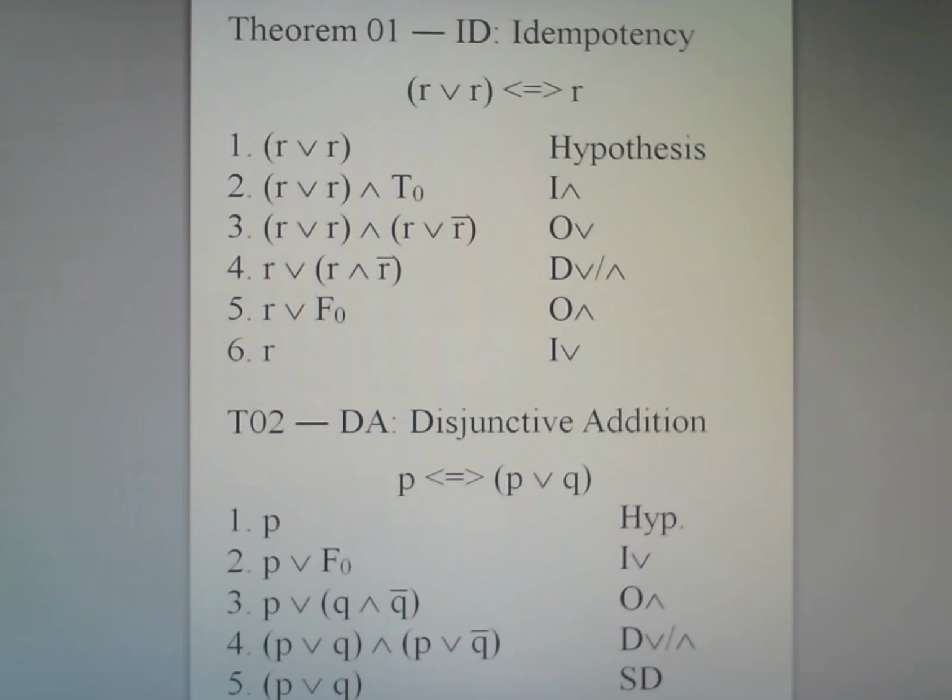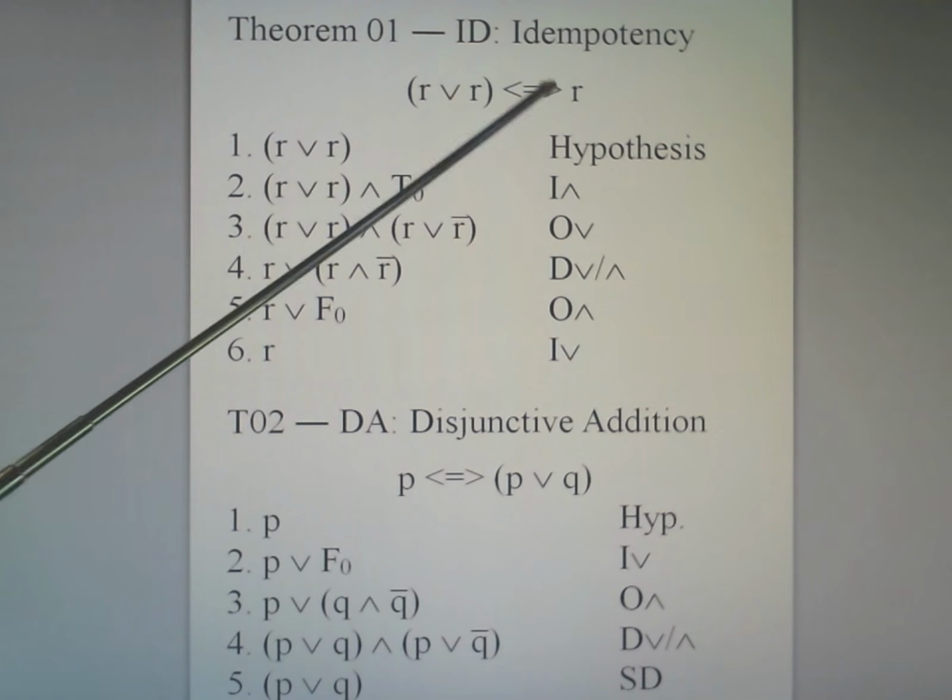Finally then, using a similar rule, but now identity for or, we know that f sub o is the identity element for or, and so anything or f sub o is equal to that thing, so R or f sub o is equal to R. And so line 6 is equivalent to line 5, which is equivalent to line 4, line 3, line 2, and line 1. So line 1 is equivalent to line 6, and line 6 is equivalent to line 1, which is what this says.